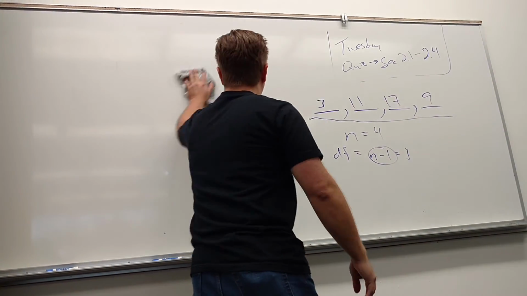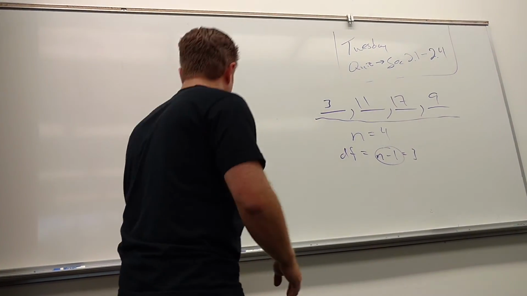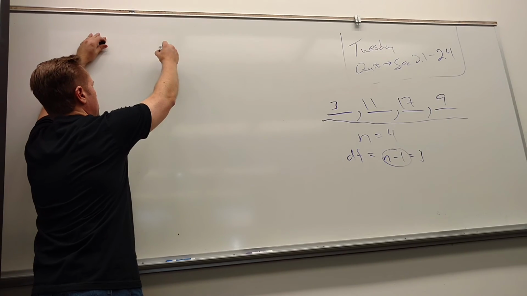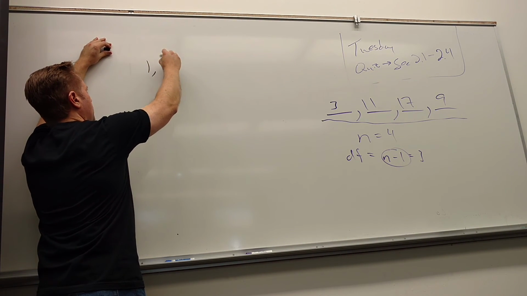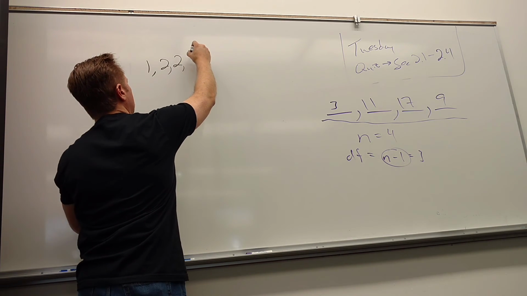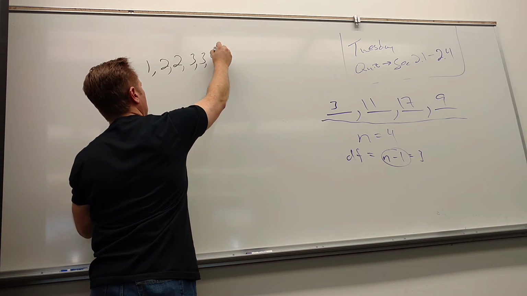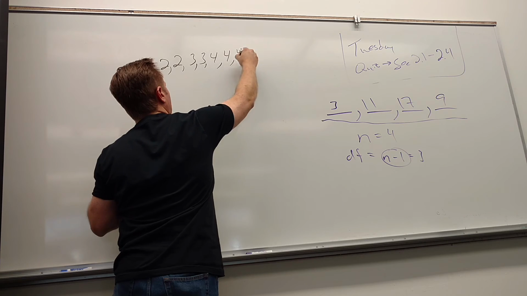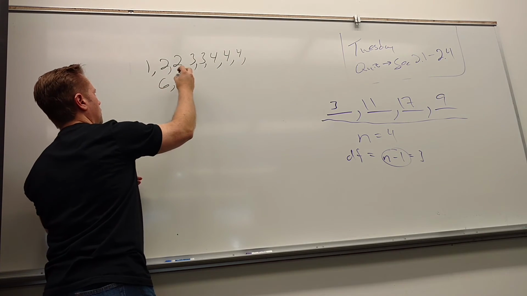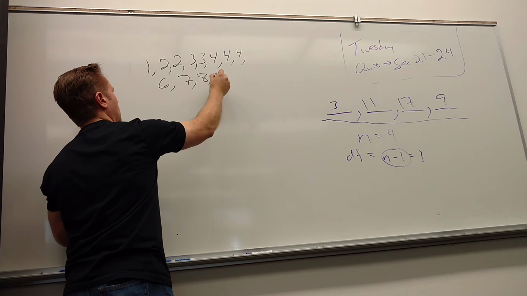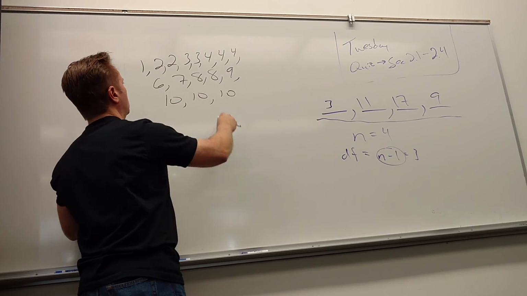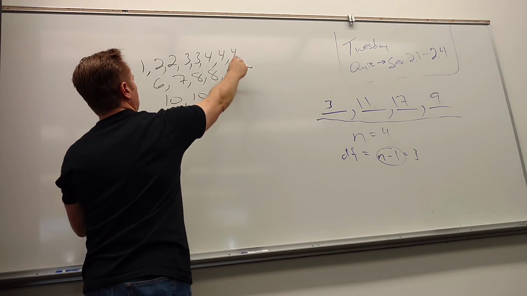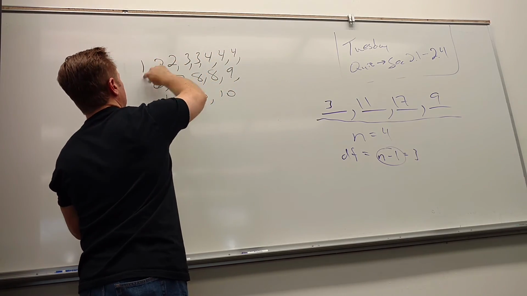So let's say I'm going to put these in order. They don't have to be, but just to make it easier to look at. These are grades on a 10-point test. Let's see, 1, 2, 3, 4, 5, 6, 7, 8, 9, 10, 16. That's pretty good.